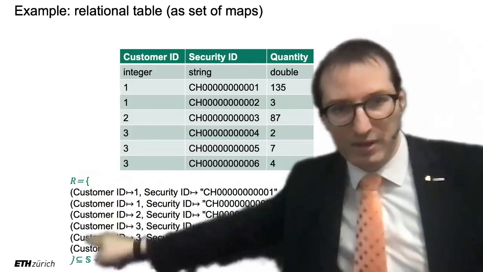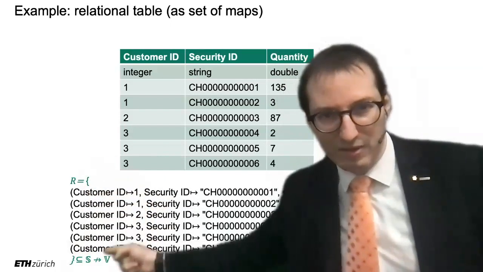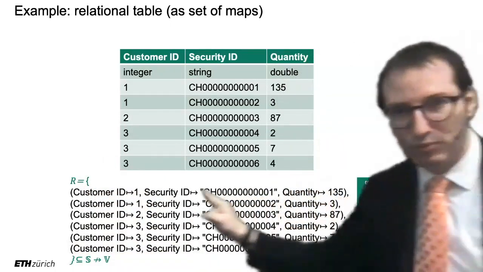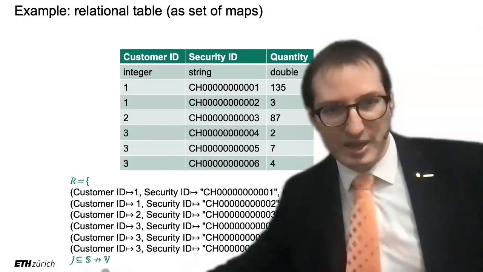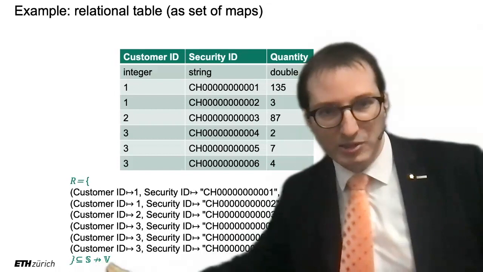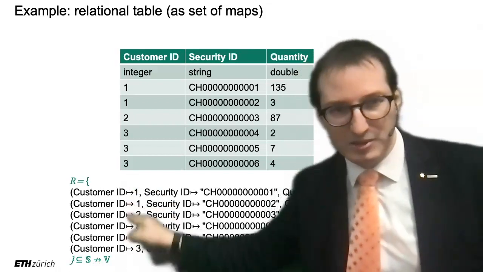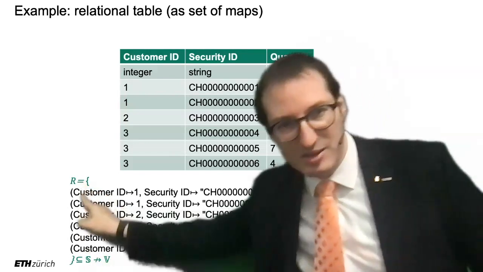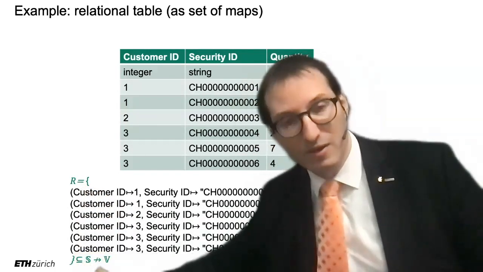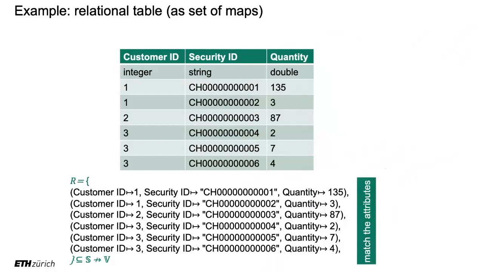And this is a set. I use the curly braces. So it's a set of these maps when I write my maps here in extensional form. And it belongs to the set of maps from strings to values, right? Every one of these 6 is a map from strings to values. So that set of maps is a subset of the set of all maps. Make sense? Are you following?